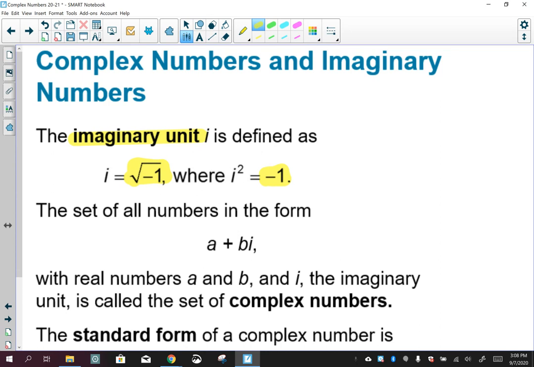When we look at complex numbers, we look at it as a combination of a real number and an imaginary number. That's why it makes it complex. So when you add those two together in the form of a plus bi, that is actually your complex number.